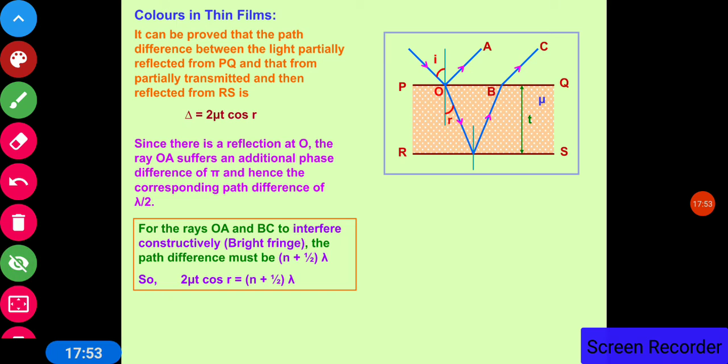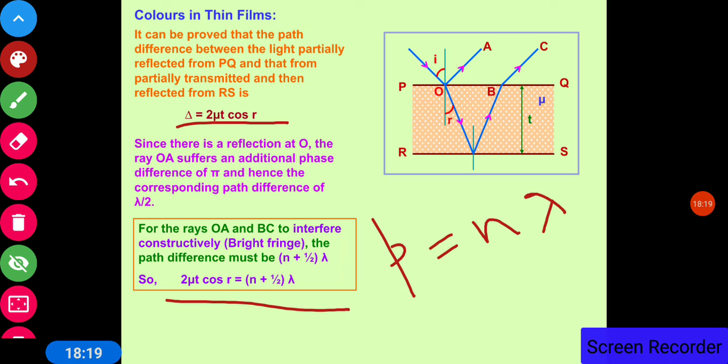We have discussed in the previous lecture that for constructive interference, for the bright fringes, the path difference should be equal to n lambda. But here the path difference must be equal to n plus half lambda, where lambda by 2 is the additional path difference, and this path difference should be equal to 2 mu t cos r. So for the rays OA and BC to interfere constructively, that is the bright fringe, 2 mu t cos r equals n plus half lambda.